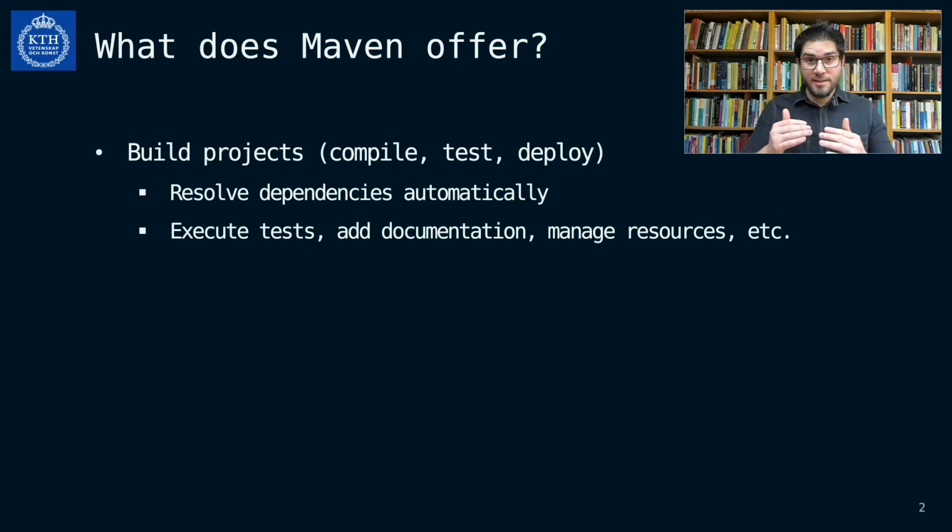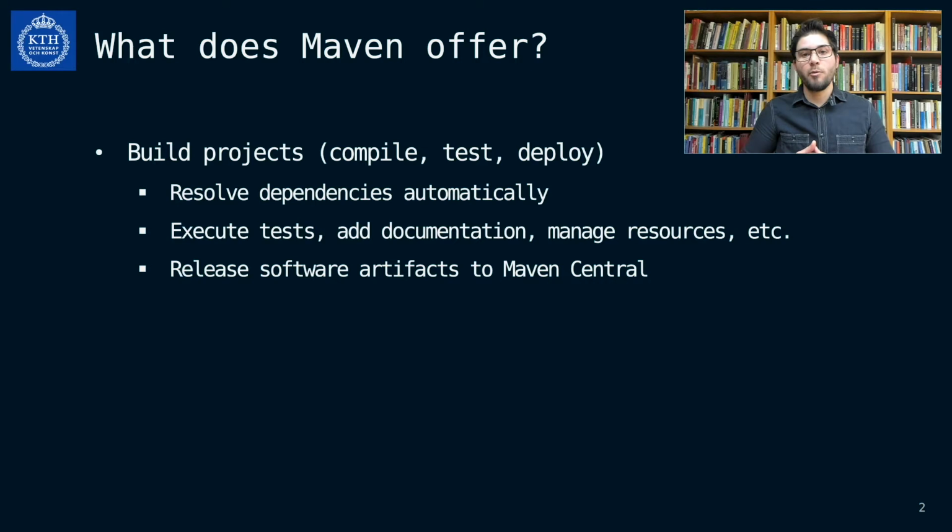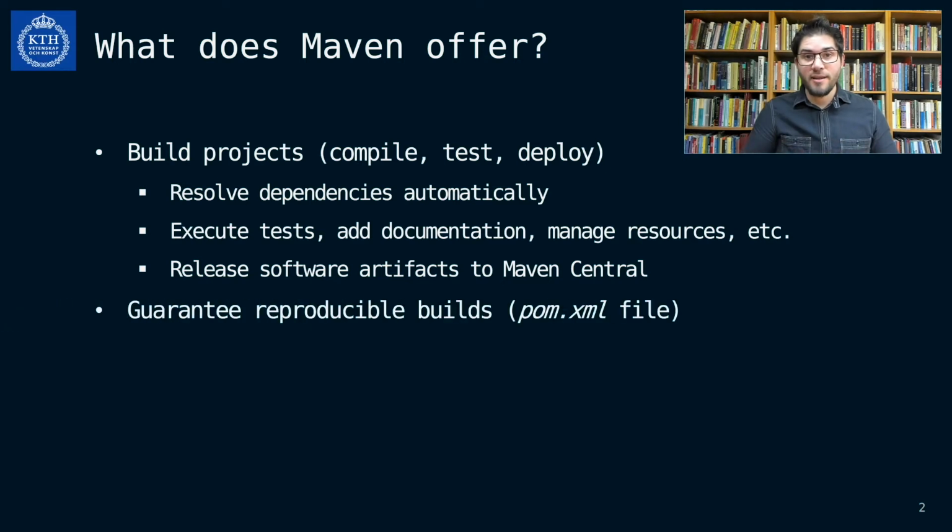Once all the dependencies are downloaded to the local repository, Maven can execute the tests, add documentation, manage resources, and release the software artifact to Maven Central, which is the most popular repository for Maven artifacts. An important feature of Maven is that it guarantees the reproducibility of builds, since every build is based on the same pom.xml file.